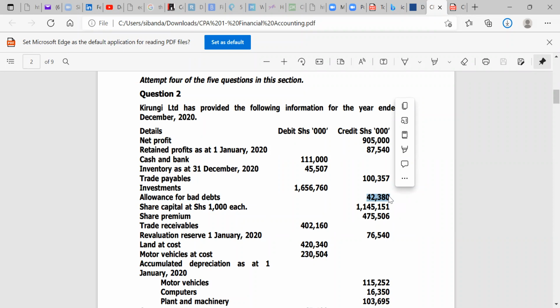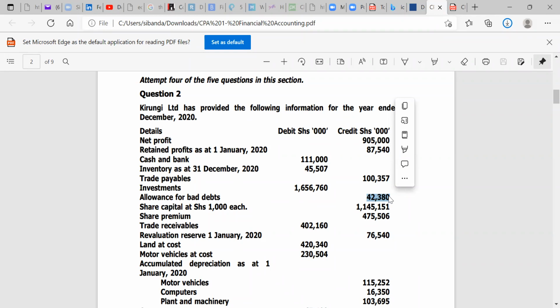Why do we have provisions? Organizations, because they work with what we call debtors, the people that we sell to on credit. We believe that not whoever we sell to actually will meet their payment. And that is why we bring in now a provision. So we provide for the people that may not pay us. And that's why it's called a provision for bad debt.